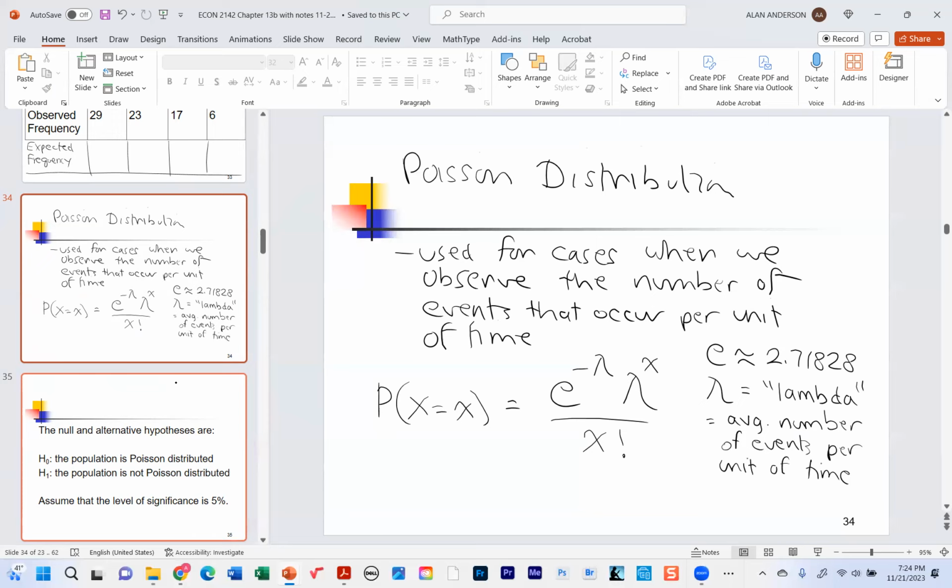Now, how about this x with an exclamation point? That's pronounced x factorial. You also have this on your calculator.